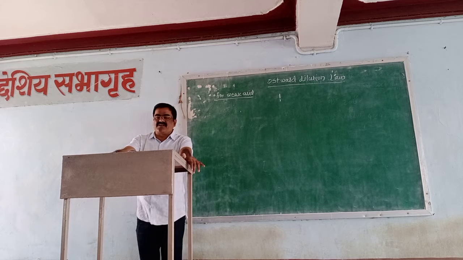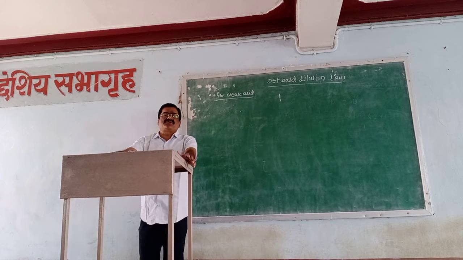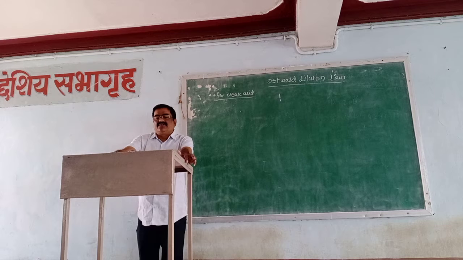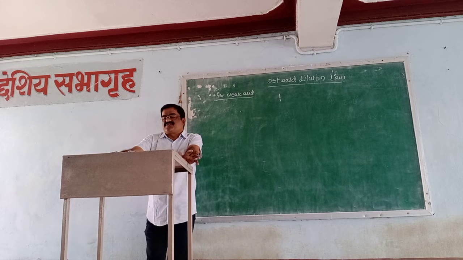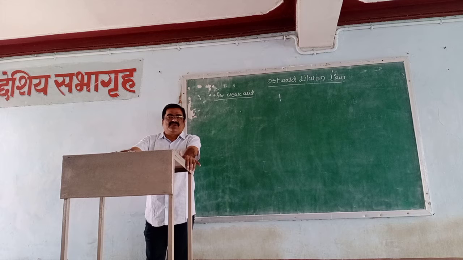What do you mean by acid? Acid is the substance which contains hydrogen and gives H plus ions in the aqueous medium or aqueous solution. According to the Arrhenius concept, the acid is this.